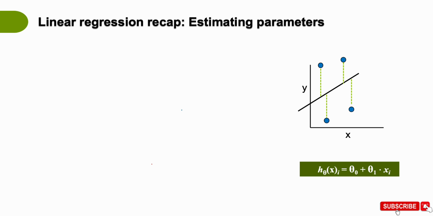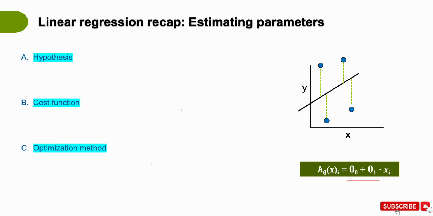So once we have our linear regression hypothesis in place, the next question is how do we estimate the parameters? That means how do we get the values of these theta coefficients? To estimate the parameters of any machine learning model, all we need is just three things. One is the hypothesis, second is the cost function, and the third is the optimization method.